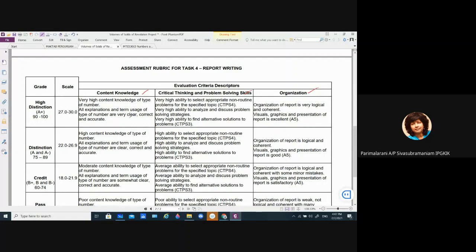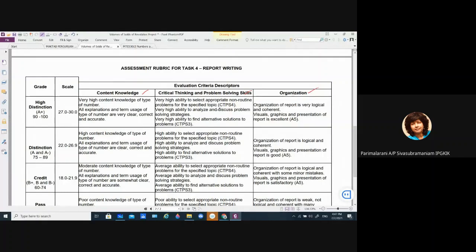All the vocabulary that you use for the topic that you choose must all be correct. The next criteria is critical thinking and problem solving skills. Since this is a problem solving question, we want to see if you have very high ability to select an appropriate non-routine problem for the specified topic.